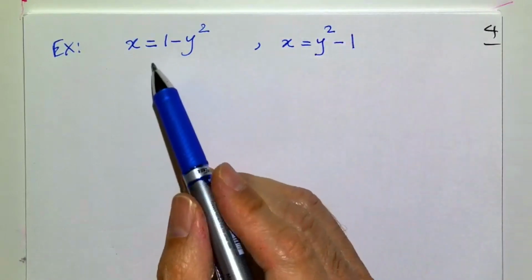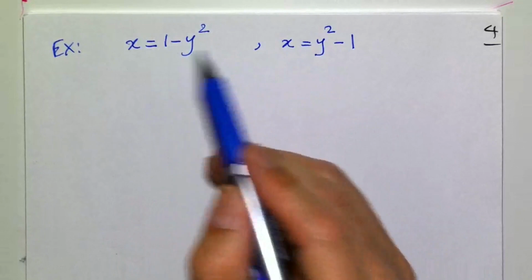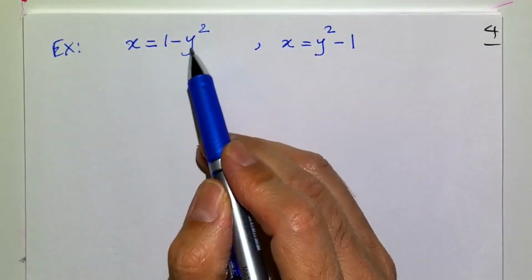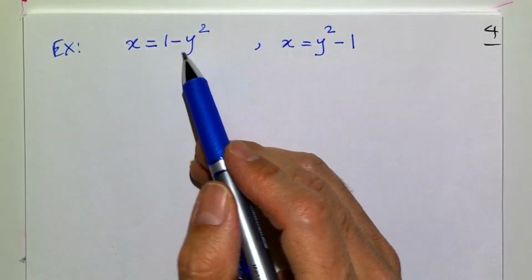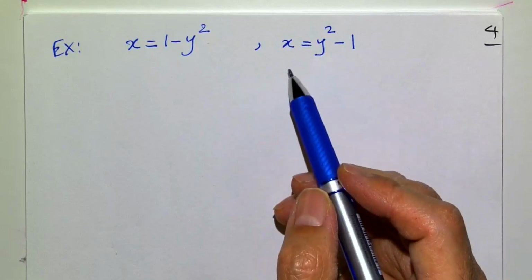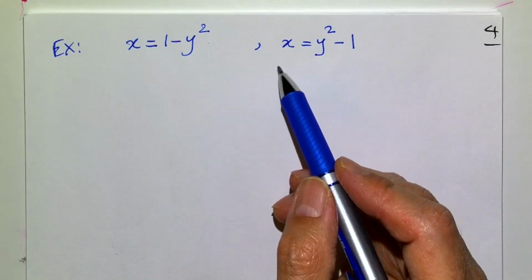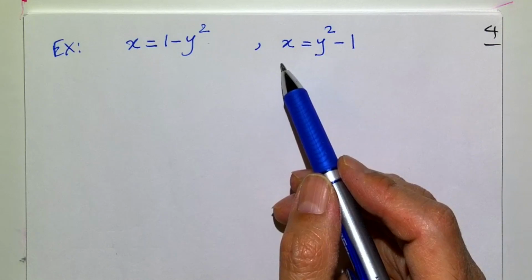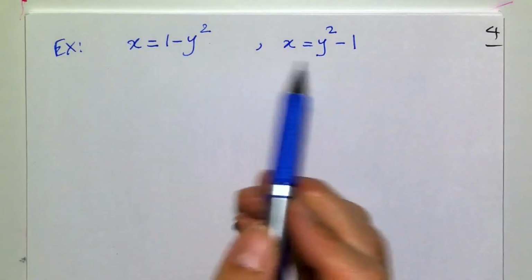Notice in this case that the x has been given in terms of y. This is a hint that it would be a good idea to integrate along the y-axis for this one.